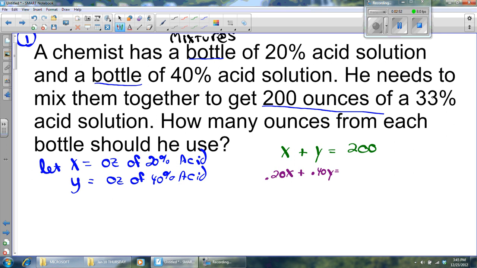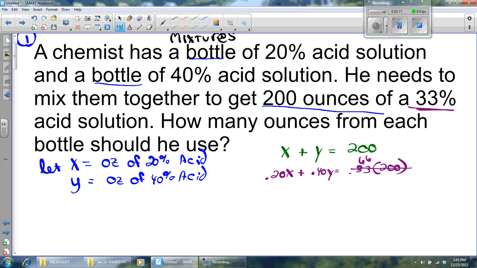Well, I need 33%, so my last one is going to be 0.33 times 200 ounces. Now I'm going to simplify this number here to 66. So my two equations are x plus y equals 200 and 0.20x plus 0.40y equals 66.